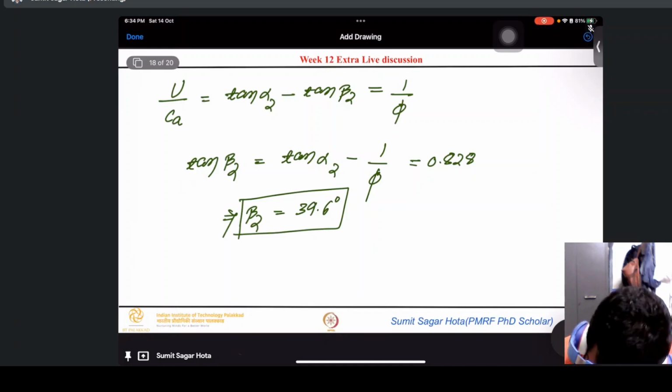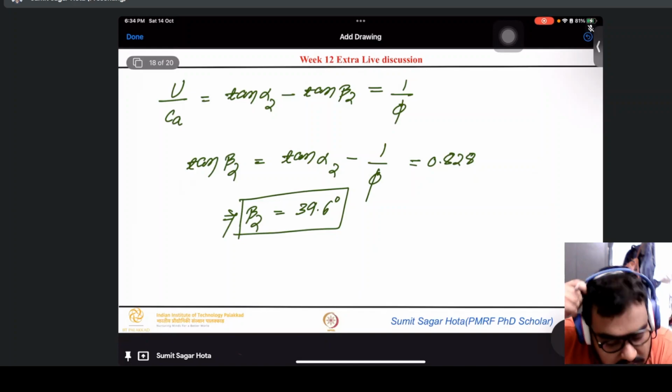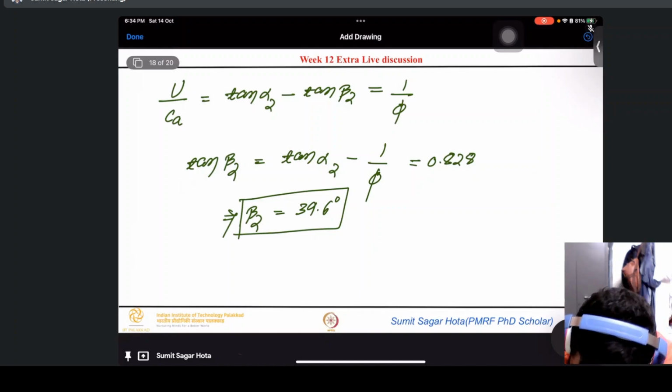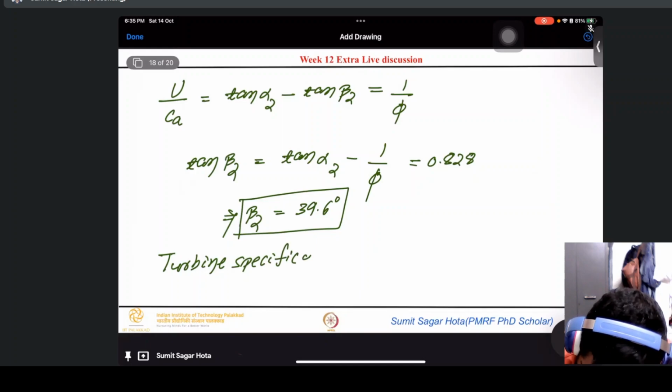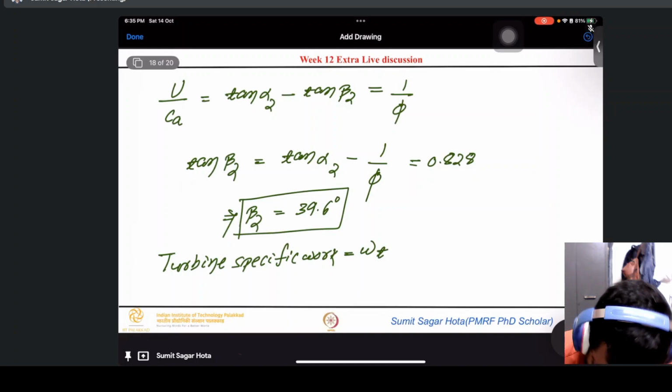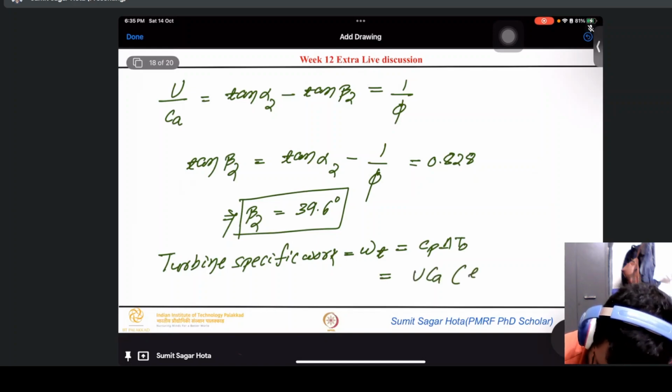The turbine specific work. Okay, what is turbine specific work? The turbine specific work Wt equal to Cp delta T naught is equal to U into Ca, tan alpha 2 plus tan alpha 3.